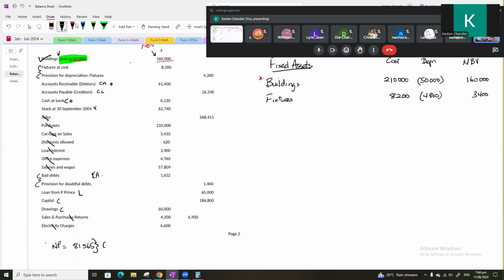So the balance sheet is broken up into our fixed assets first. We usually sum that up, right? We get 163,400. The next part of our balance sheet is going to be our current asset section. Now, current assets is usually made up of our stock, and this is usually the closing stock.